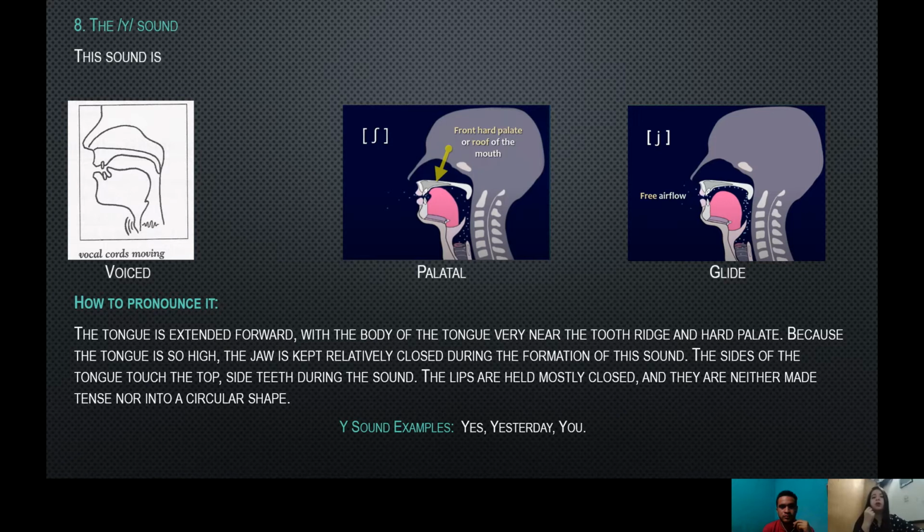The sides of the tongue touch the top side teeth during the sound. The lips are held mostly closed, and they are neither spread nor rounded to a circular shape. So it will be like this. An example is yesterday, you.